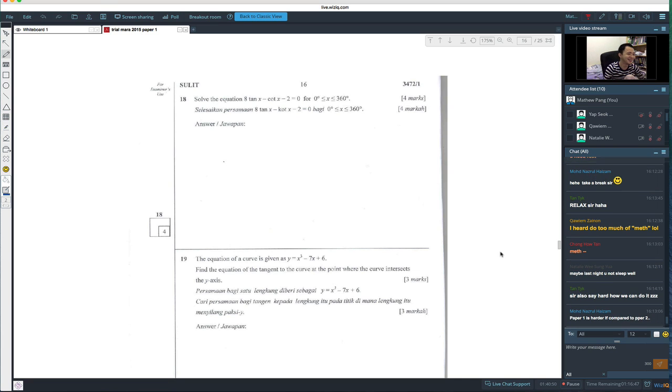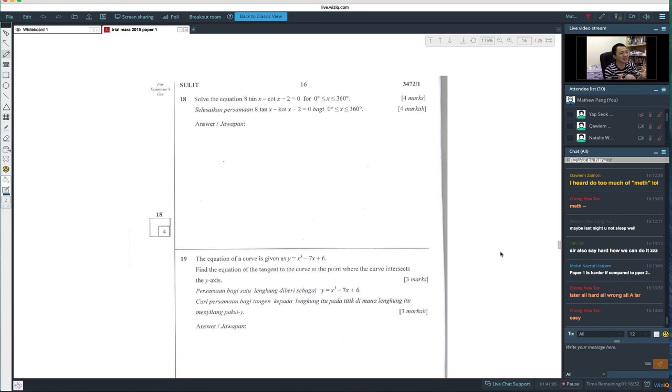I have no idea why Malaysia wants to suddenly add in the HOTS questions. I know higher order thinking skill questions are good for students to improve their critical thinking. However, most of the students in Malaysia are not trained in critical thinking from primary to secondary. It's different with Cambridge, because I'm teaching Cambridge.